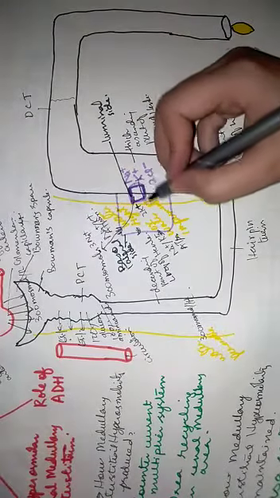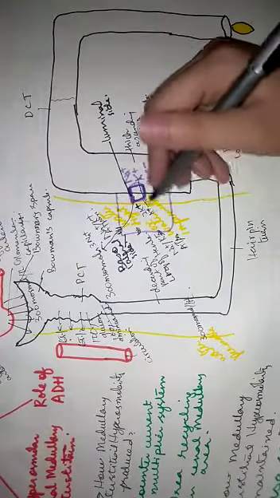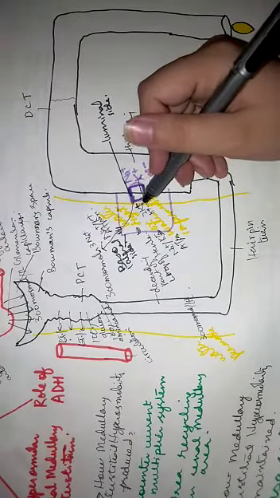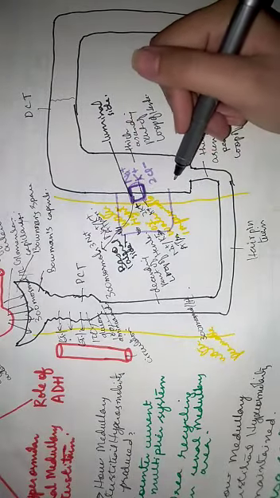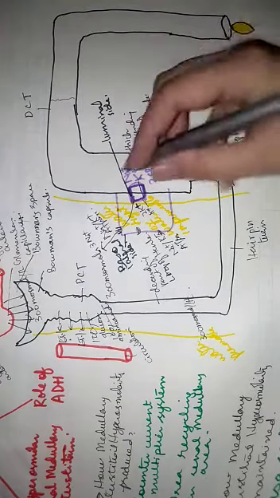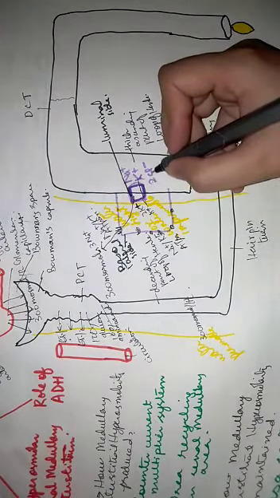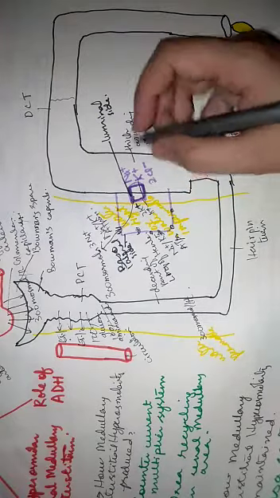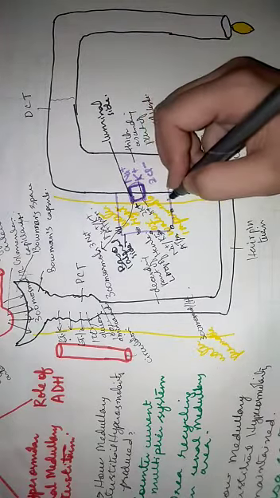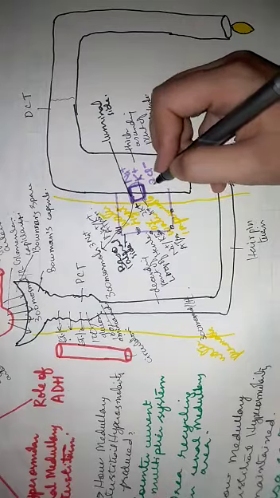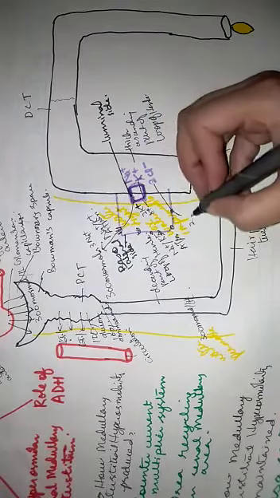Here potassium also goes inside the cell, so the cell becomes potassium rich and sodium poor. And there are also located some chloride channels here. So the chloride which enters from the tubule into the cell goes out into the circulation by these channels.